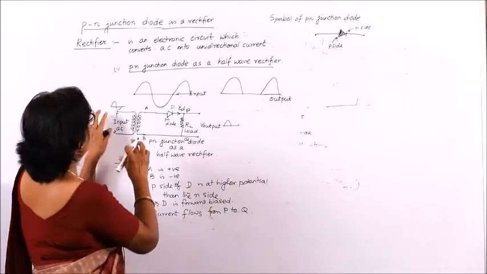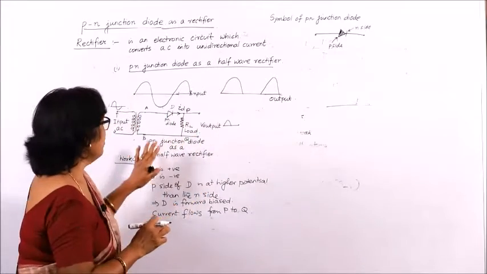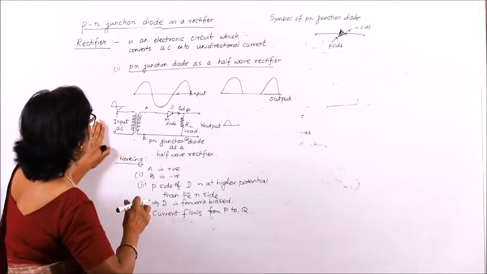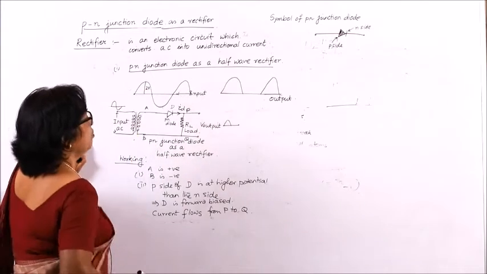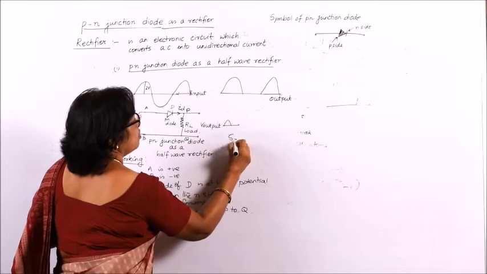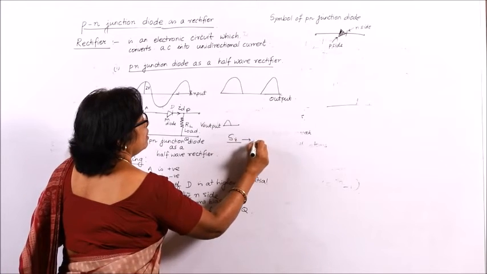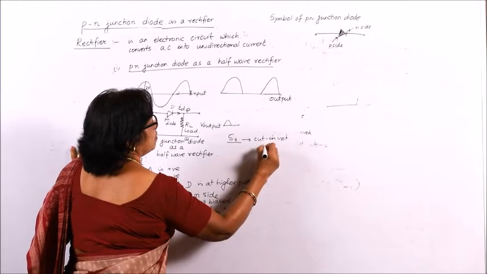As the input changes, the output also changes in the same way. Only difference is that if your input is, let us say, the highest is 2 volt, the current will start flowing, let us say this is a silicon diode. For silicon the cut-in voltage is 0.7 volt.